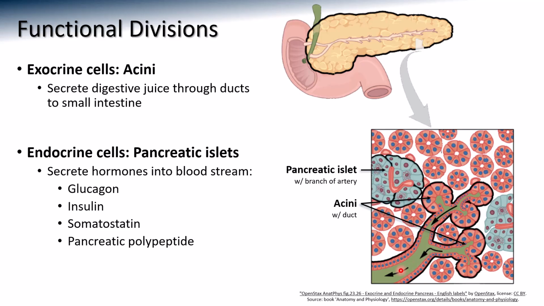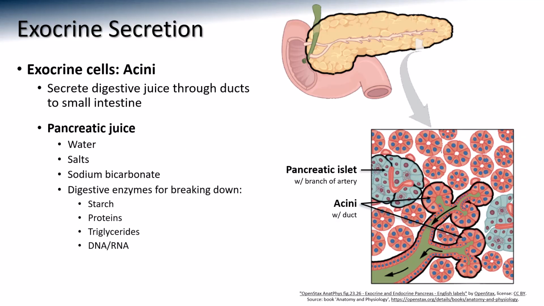Okay, these are the star of the show today. The blue clusters then are what we learned about previously. These are the pancreatic islets that secrete hormones into these blood vessels that are very closely associated with them. Okay, and just to remind you, those 4 hormones are again glucagon, insulin, somatostatin, and pancreatic polypeptide.